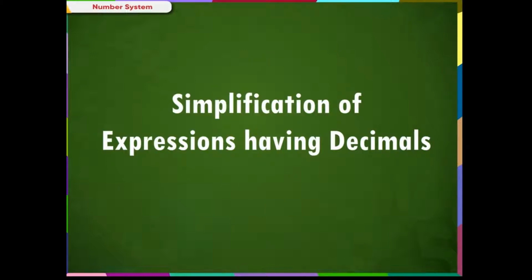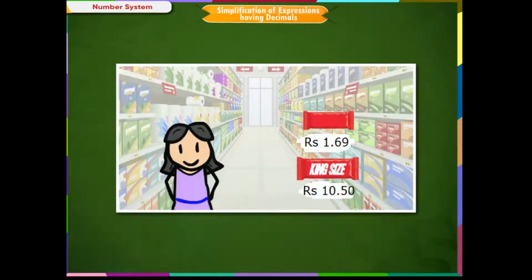Simplification of expressions having decimals. Simplification of expressions is done in everyday life. Annie went to a shopping mall to buy things. She bought a candy for rupees 1.69 and a chocolate for rupees 10.50. To pay the money, Annie has to simplify these two numbers by adding them.